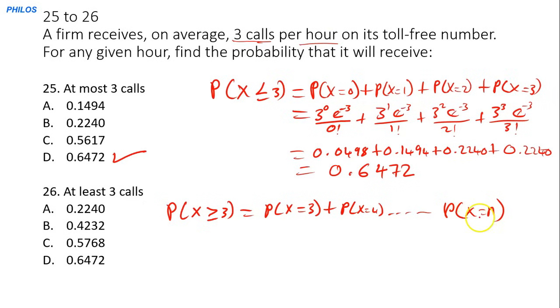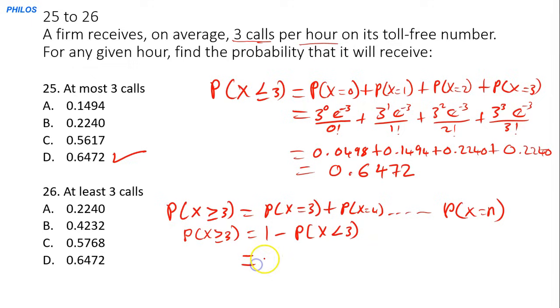But we don't know the maximum number n, so we can't use this method to solve it in Poisson. So we are going to use the complement method, which says that the probability that x is greater than or equal to 3 should be equal to 1 minus the probability that x is less than 3.